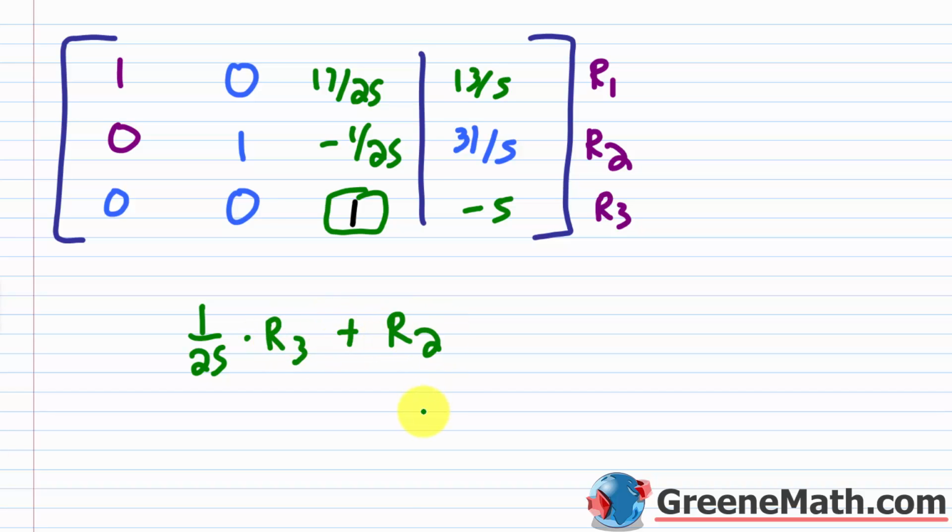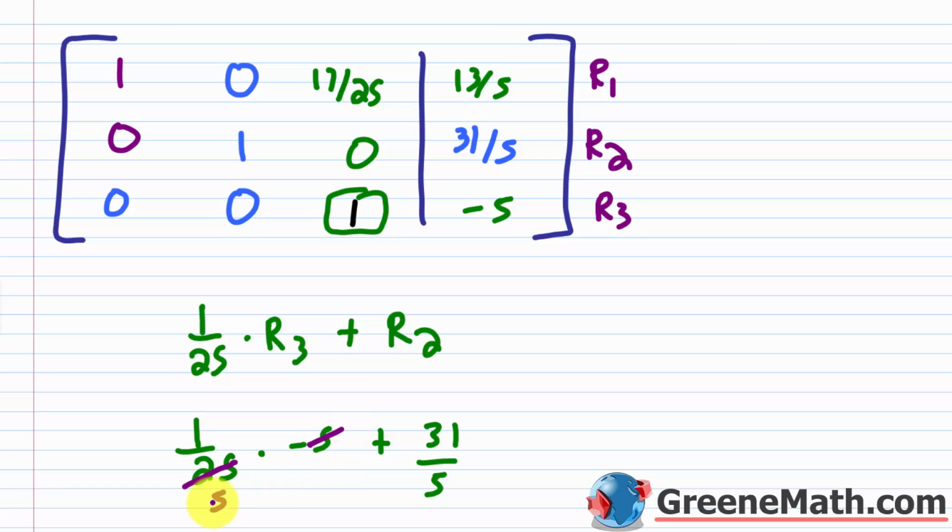So I know that I don't need to worry about this or this because multiplying by 0 would leave a 0, and then adding 0 to that would leave it unchanged. This guy I know is going to be a 0, so I really only need to work with 1 over 25 times negative 5, and then plus 31 fifths, okay? So I know that this would cancel with this and give me a 5 here, so this would be negative 1/5.